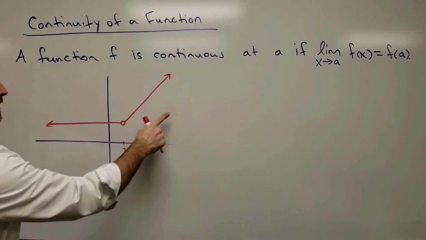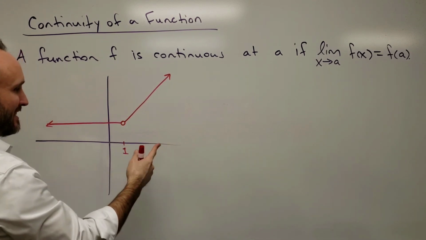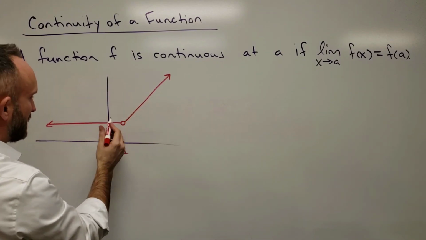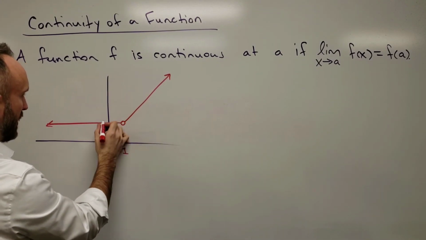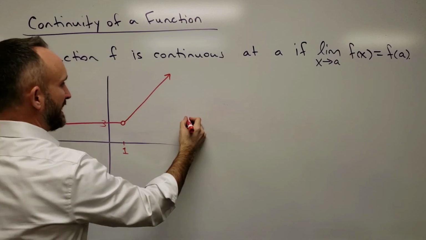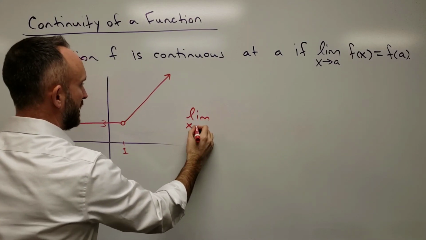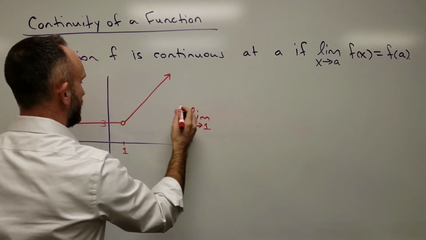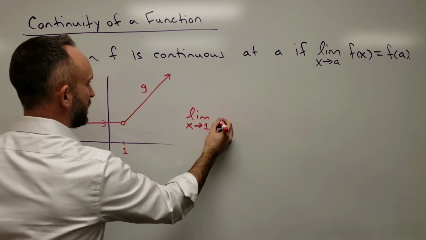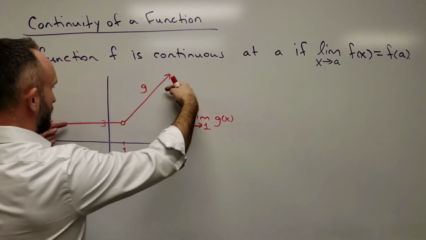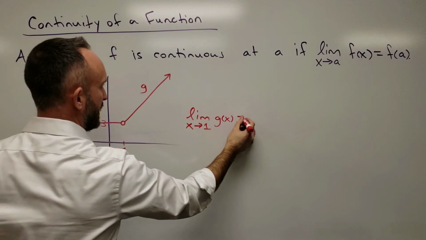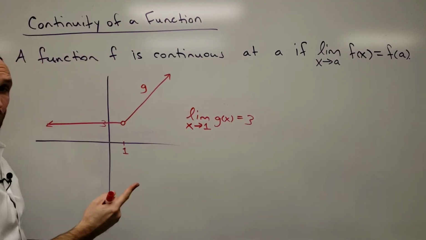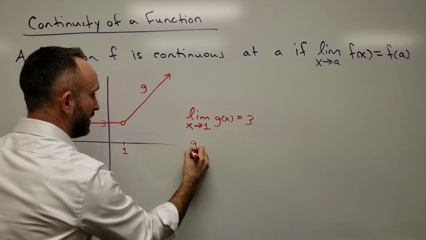Okay? So we can see that the two-sided limit, let's label this y value now. Let's say this y value is 3. We can see that the two-sided limit as x approaches 1 of g of x is the y value 3.